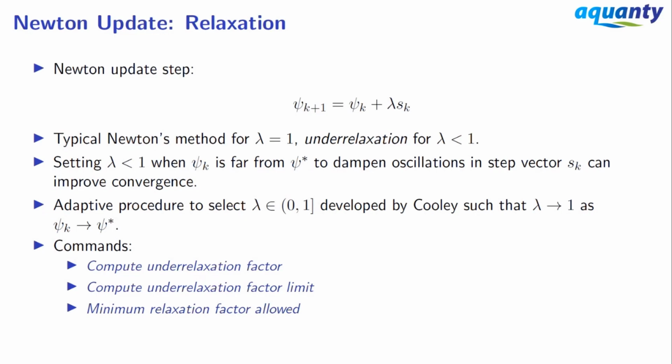HGS provides an adaptive procedure to set the relaxation factor lambda, which naturally approaches 1 as the iterate approaches the true solution. And this can be controlled via the commands compute under relaxation factor, compute under relaxation factor limit, and minimum relaxation factor allowed.